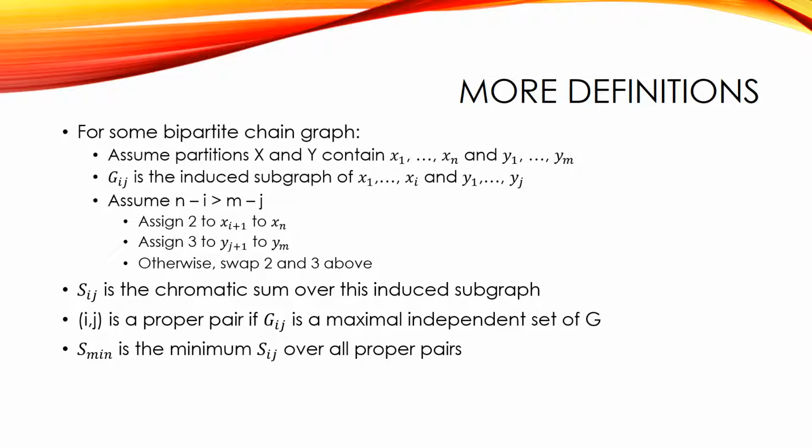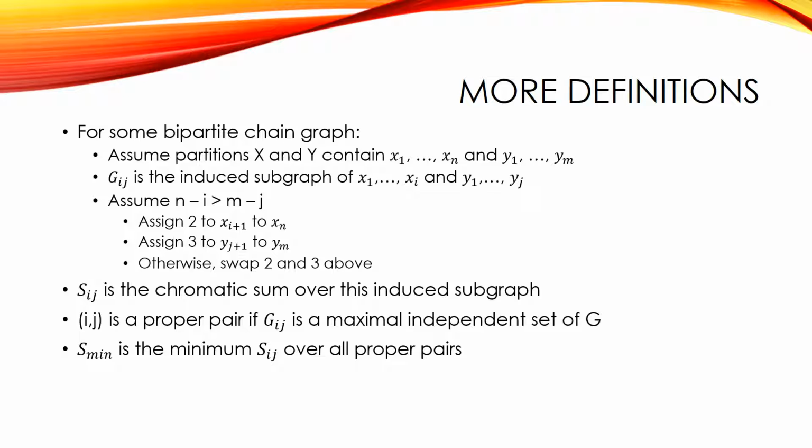So just a few more definitions here before we can dig into a proof. For some bipartite chain graph, assume the partitions are X and Y, and assume there are n vertices in X and m vertices in Y. So we have x1 through xn and y1 through ym as the vertices of our graph.